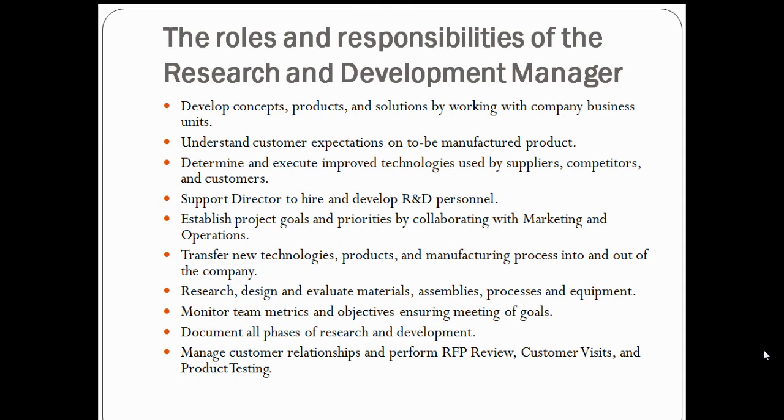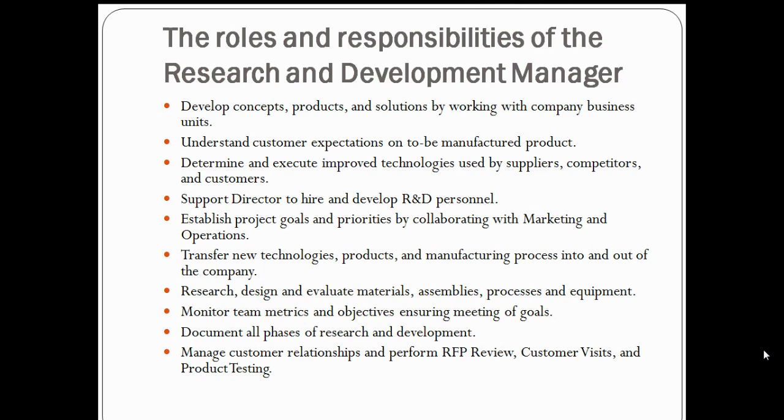So transferring the new technologies, new innovations, then design and research, and as per that design and research, we have to evaluate the materials, what raw materials we have to use, find out the assemblies, different processes, and the equipment required for those new processes.